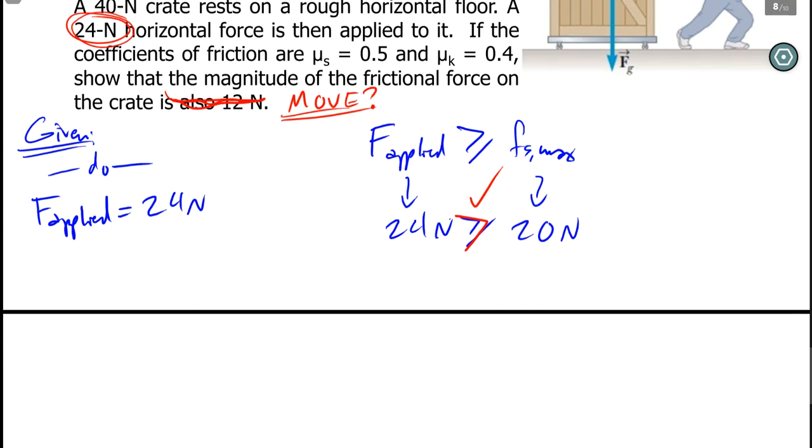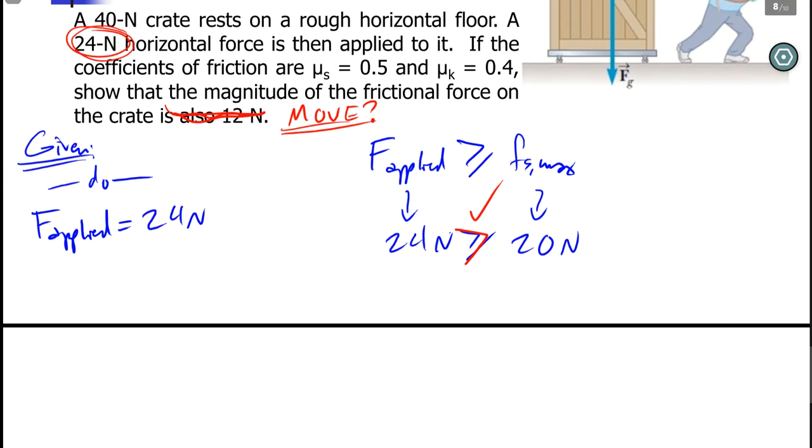So that means there will be acceleration, and velocity is actually going to increase by a certain acceleration. Acceleration is going to have a certain constant value, and it will move.